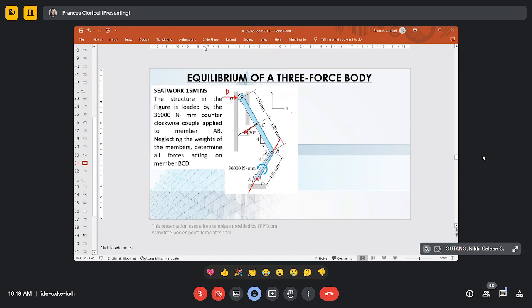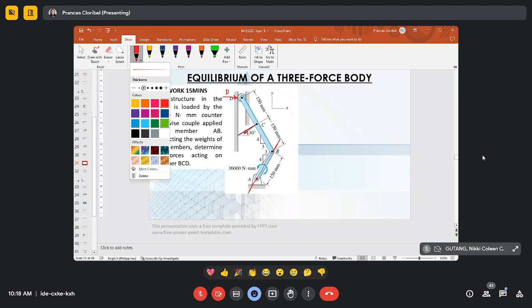Now, for the moment of our reactions at A and B, we can resolve this into its X and Y components.